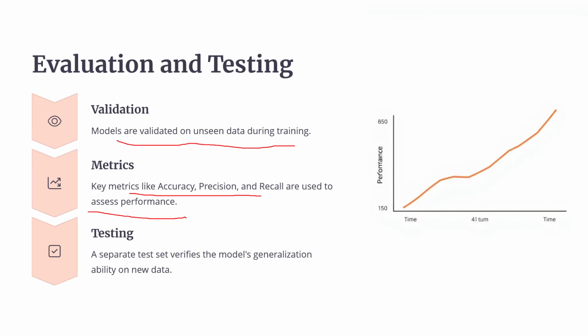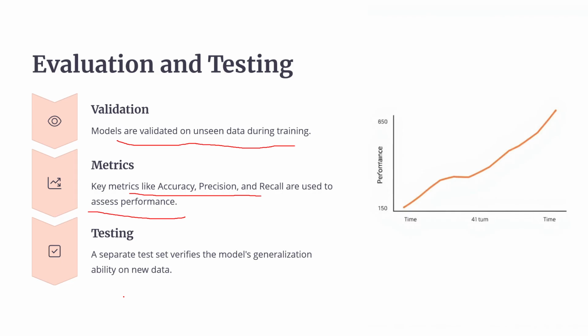In precision, we check how many predicted positives were actually correct. In accuracy, overall correctness is checked. In testing, a separate test set verifies the model's generalization ability on new data. Evaluation checks how good the model is before real use.